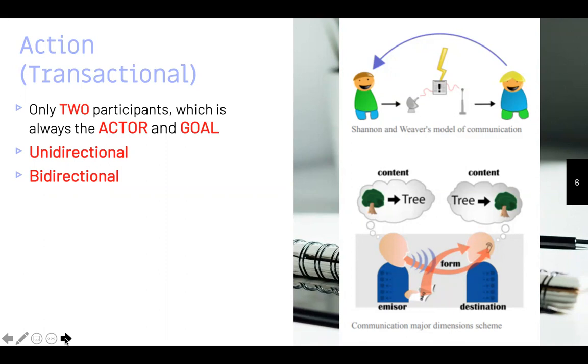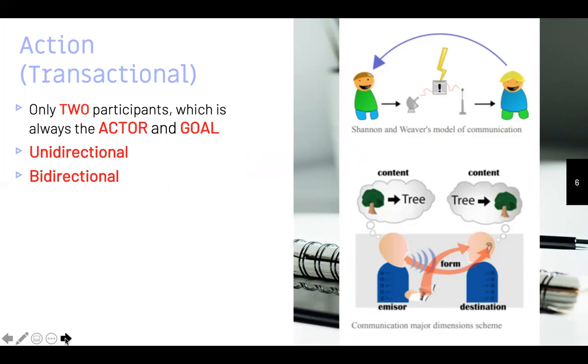So therefore, it is an action process, and it is transactional because we have the arrow, the vector line, from one emissor to the destination, and it is unidirectional because the arrow goes in one direction.